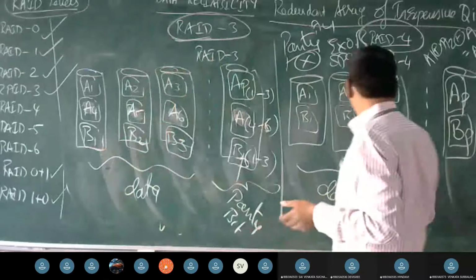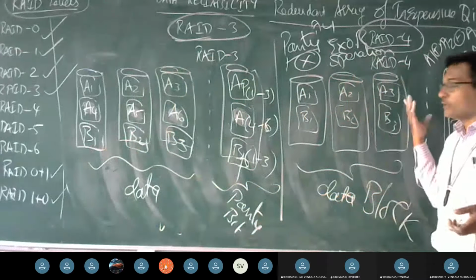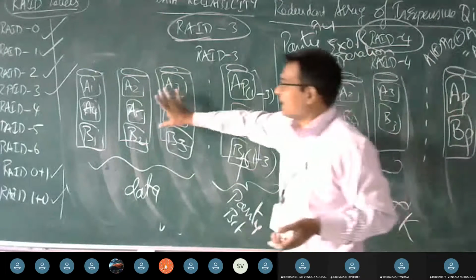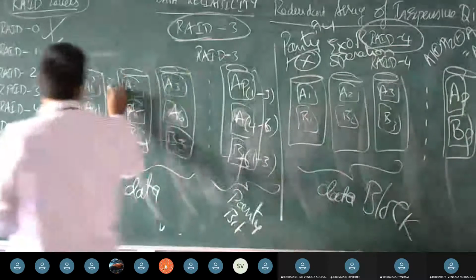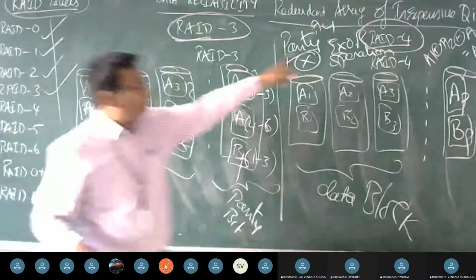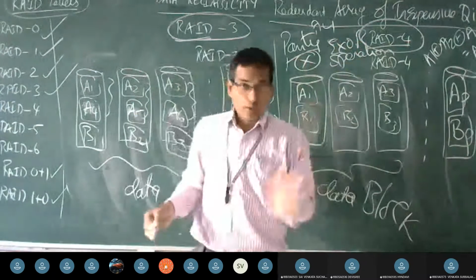But when coming to this block, we have block A1, block A2, block A3. For this entire block, we are going to generate a parity. So here you can understand there is a repetition of the block, but as far as RAID 4 is concerned, there is no repetition.